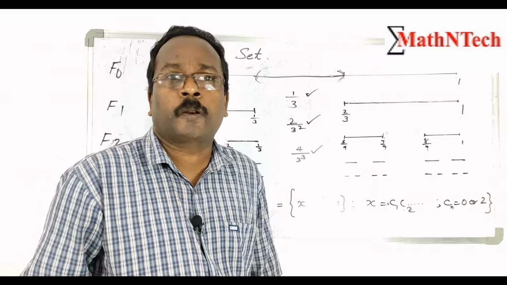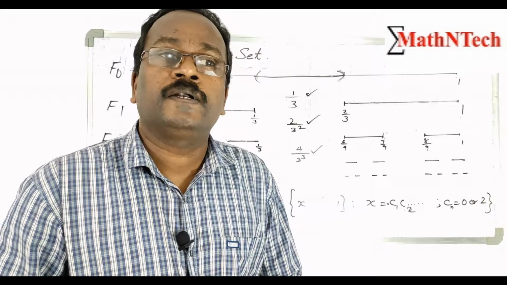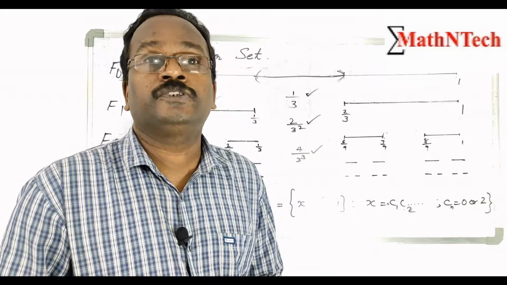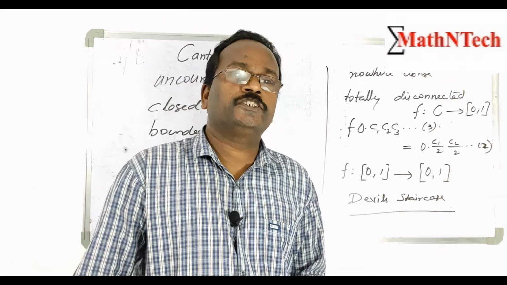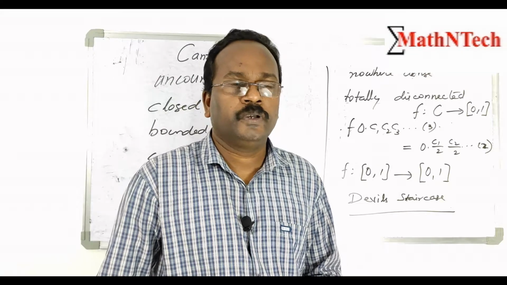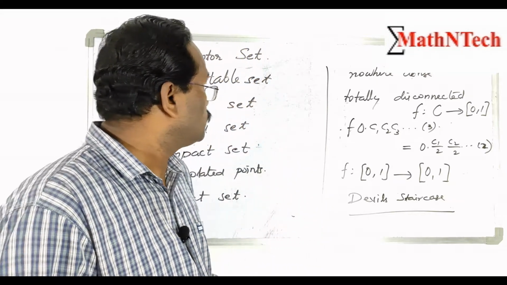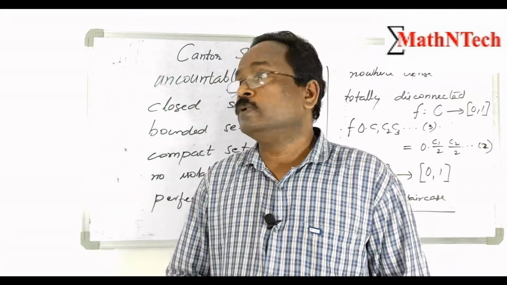That is another important property of Cantor set. Every element in the Cantor set has a ternary representation using only the digits 0 and 2. We explained the points again. Cantor set is uncountable.